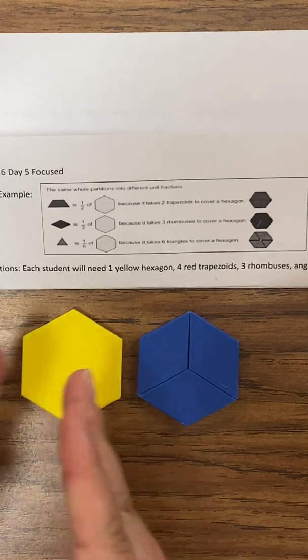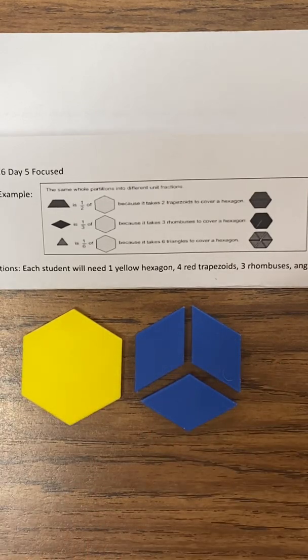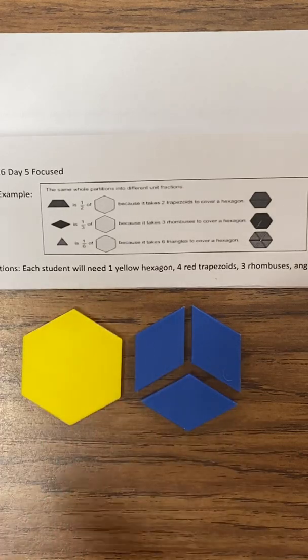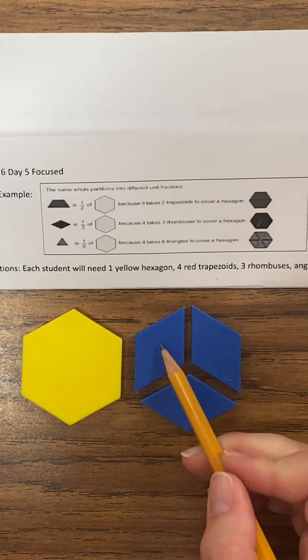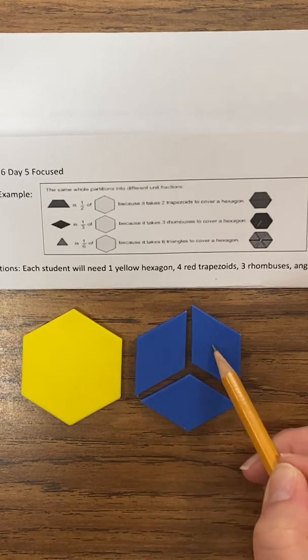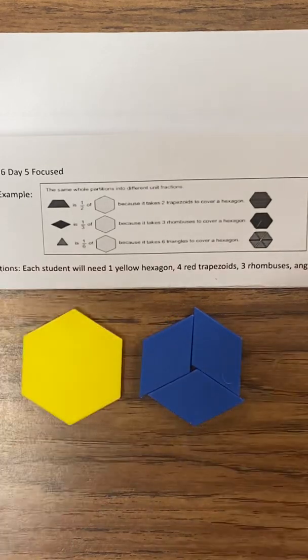So this is just another visual to help you recognize how fractions make up a whole number. One whole to be exact. So the unit fraction of this shape, 1/3 plus 1/3 plus 1/3 makes a whole hexagon.